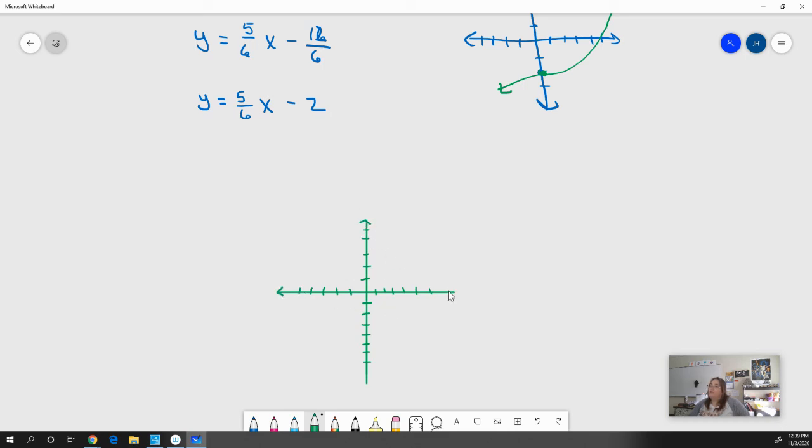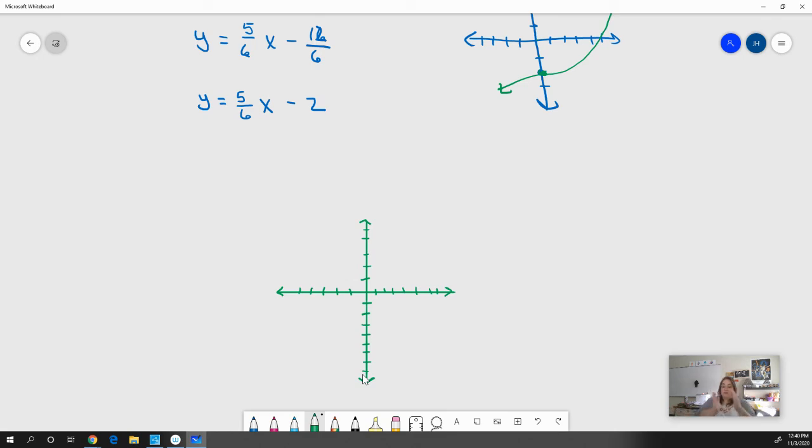Really, don't think about it in terms of forms. Think of it in terms of solving for y, getting y by itself. If you isolate the y, then you're going to put it into slope-intercept form automatically.